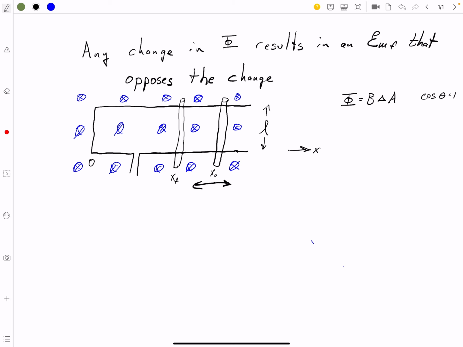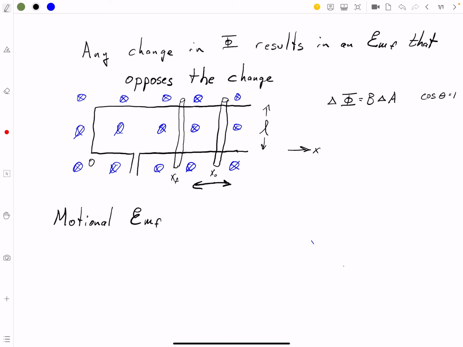So we're changing our area, and that gives us a change in flux. So this is called motional EMF. It happens in different ways, okay?